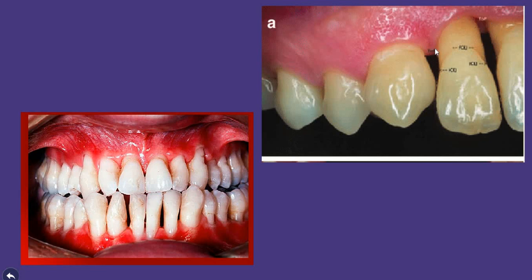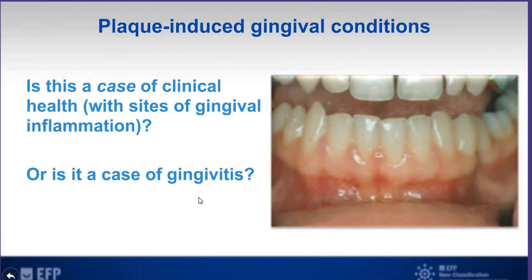There is attachment loss, there is bone loss, but you have no bleeding on probing or bleeding on less than 10% of the sites, and there is a pocket of 4 or less millimeters, and there is no bleeding on probing at the pocket site.